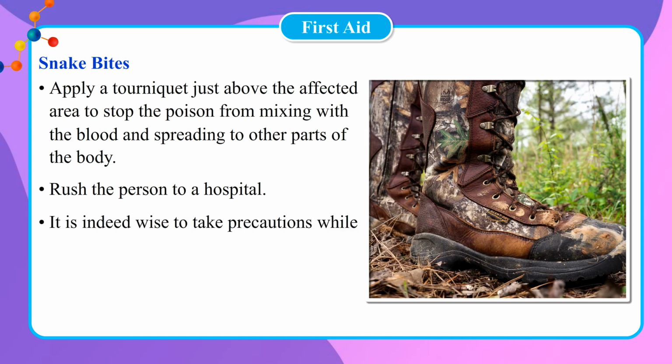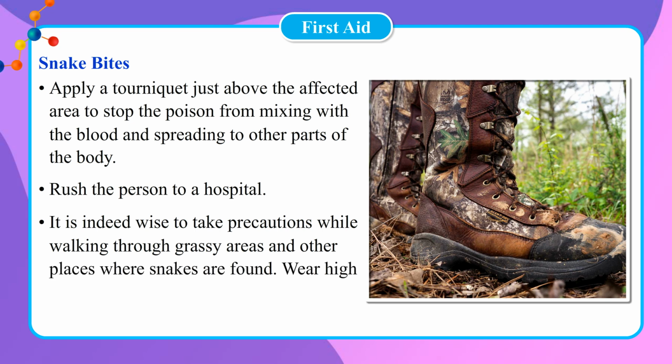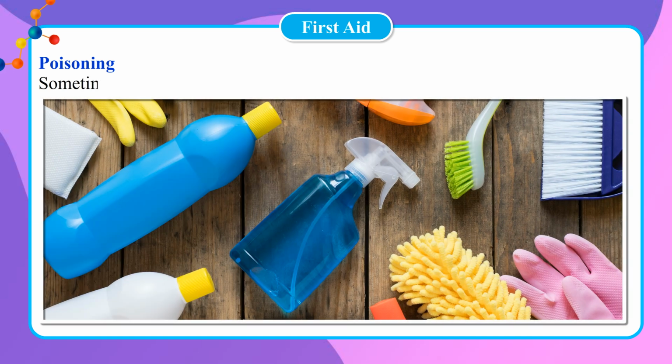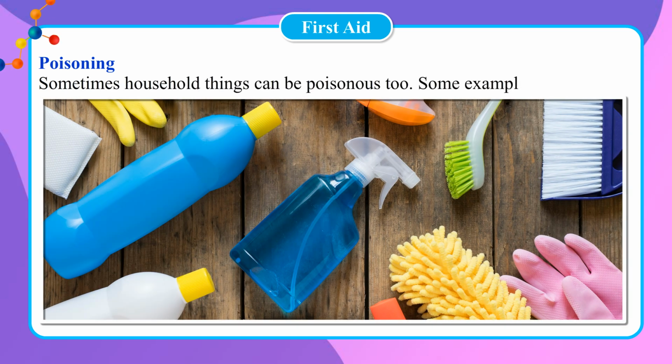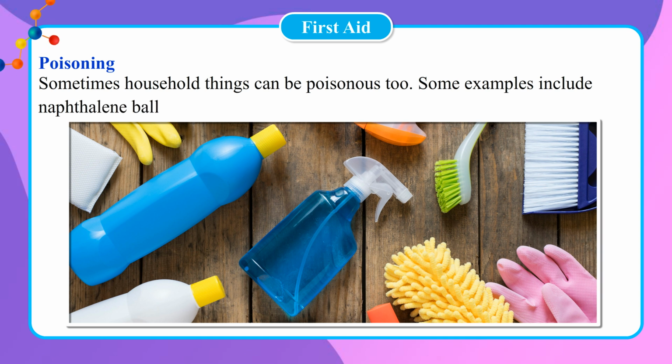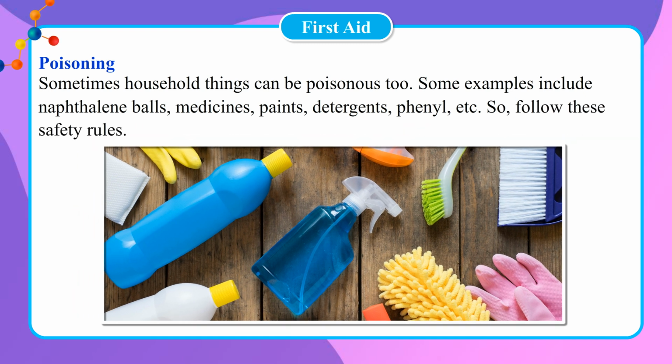It is indeed wise to take precautions while walking through grassy areas and other places where snakes are found. Wear high boots for protection from accidental snake bites. Poisoning. Sometimes household things can be poisonous too. Some examples include naphthalene balls, medicines, paints, detergents, phenol, etc. So, follow these safety rules.